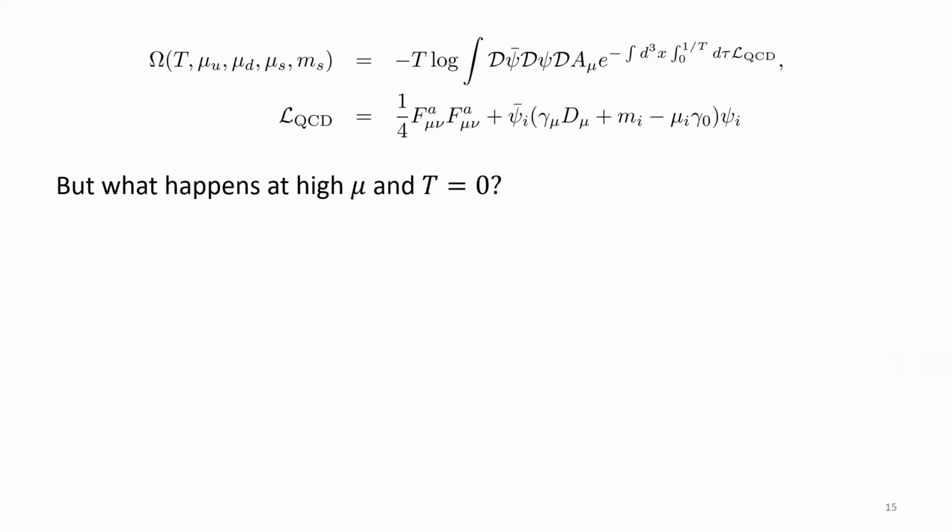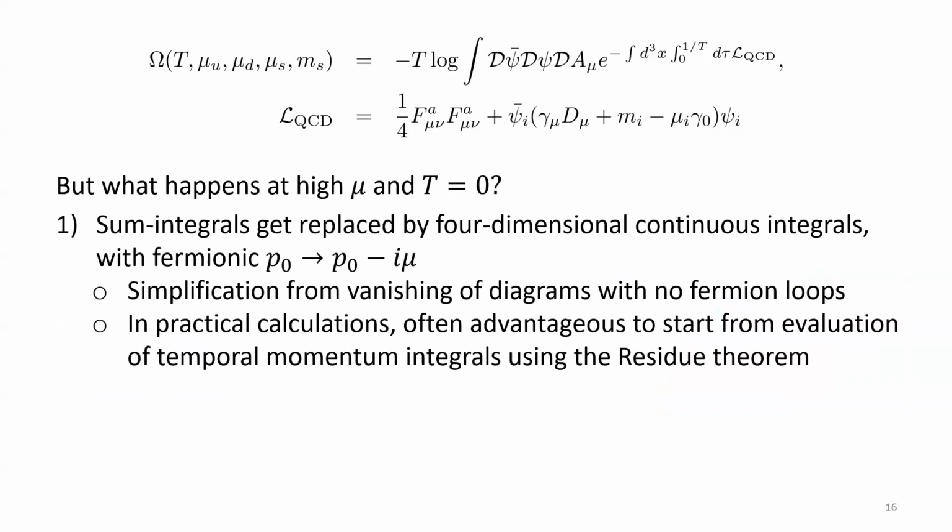So now I can ask, what are the main differences that happen in perturbative thermal field theory calculations when you exit the regime of high temperatures and go to the limit of high mu and vanishing temperature? The first one I already mentioned yesterday. Because we no longer have Matsubara modes, 2 pi nT or (2n+1) pi T, when T goes to 0 they get closer and closer to each other until the temporal momentum sums become continuous integrals.